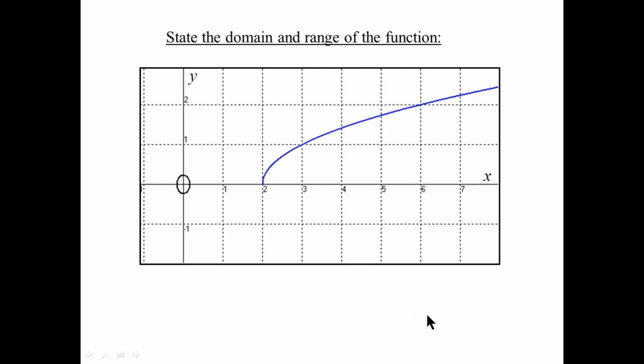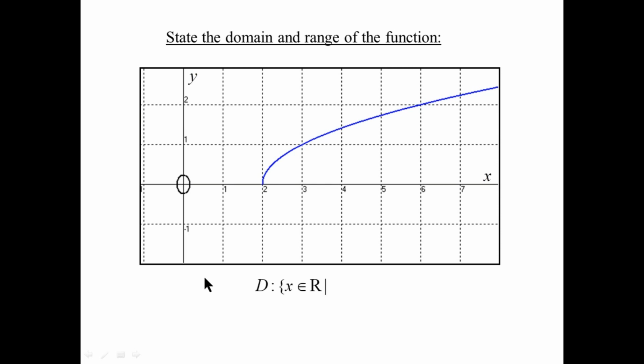Let's take a look at this. In conversation, we would say, okay, well, let's look at the domain. It seems x starts at 2 here and goes to the right. So x is greater than 2. In conversation, that would be fine. But now we just translate that into math symbols.